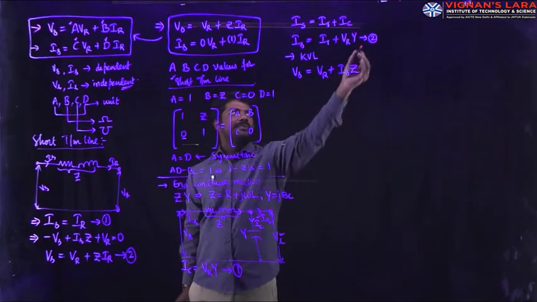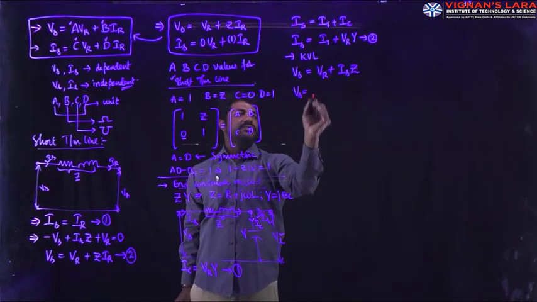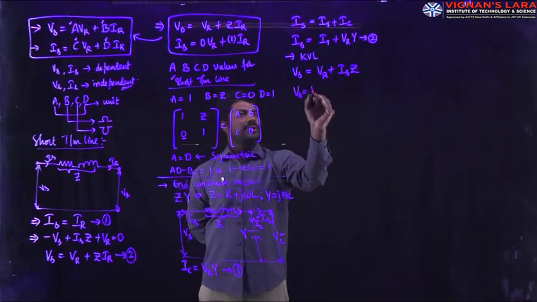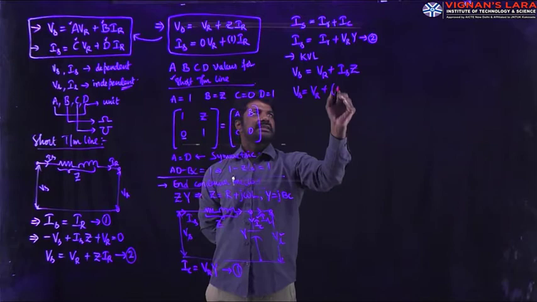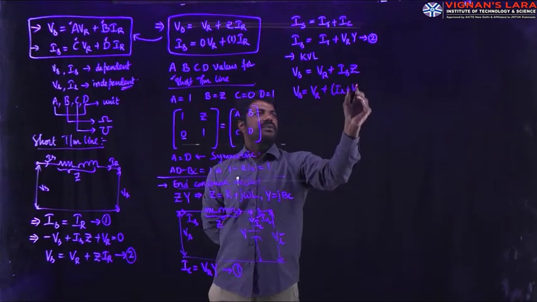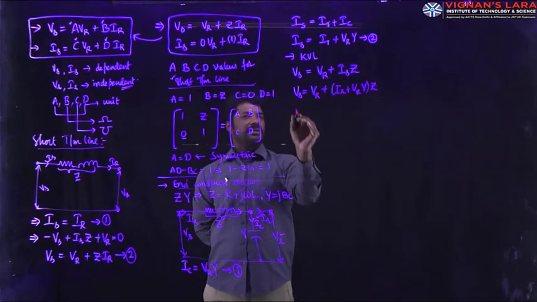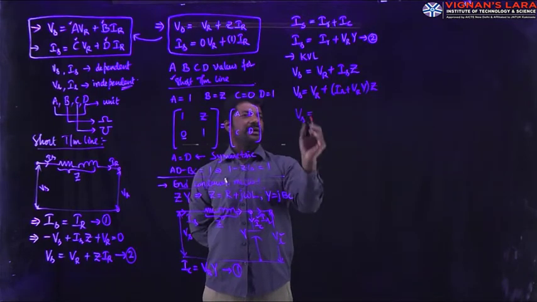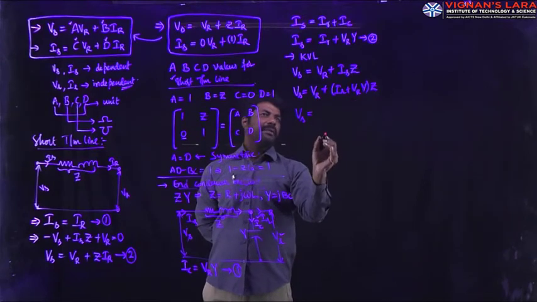As per equation 2 we know IS, so substitute the same thing, and then VS is equal to VR plus (IR plus VR into Y) multiplied by Z. Simplifying that, VS is equal to what is the VR coefficient in the above equation?